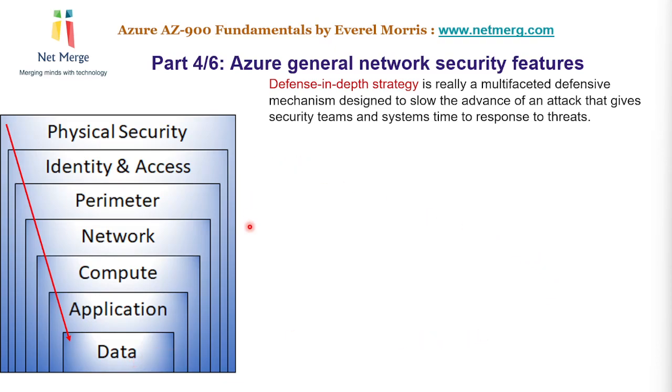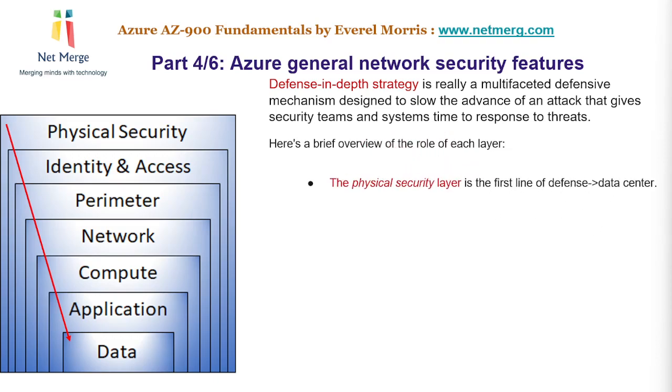So I'm going to go through these different layers so you get an idea of what the defense in depth strategy entails, and brick by brick, or step by step, or precept by precept, they help to safeguard each other and slow the penetration process or the advancement of a threat all the way down through your system. So here's a brief overview of the different roles for each layer.